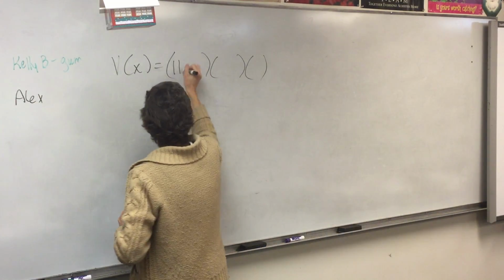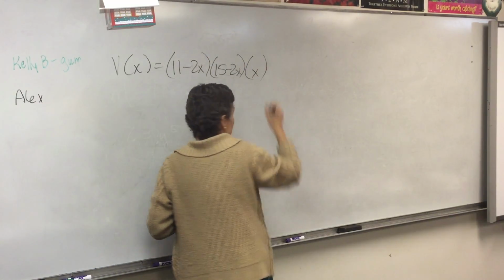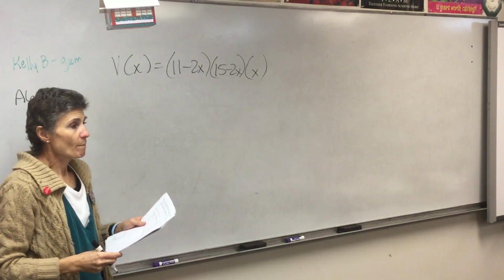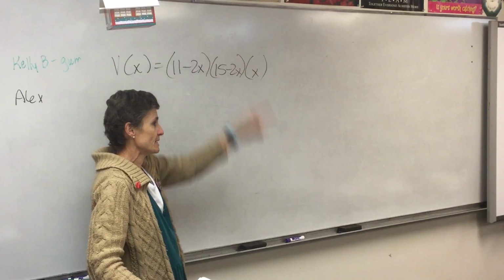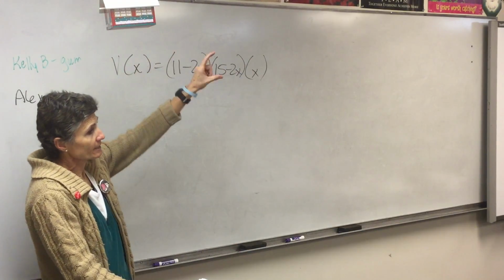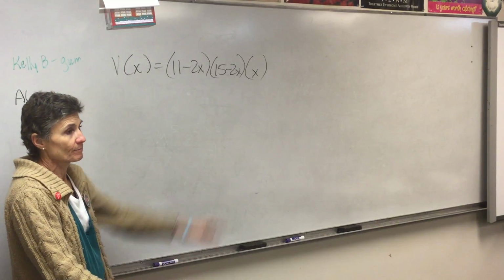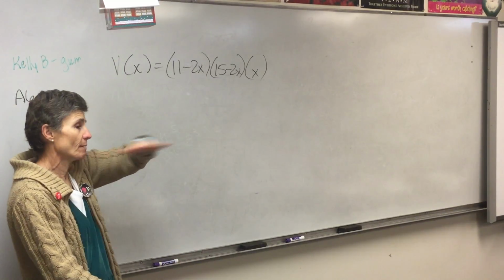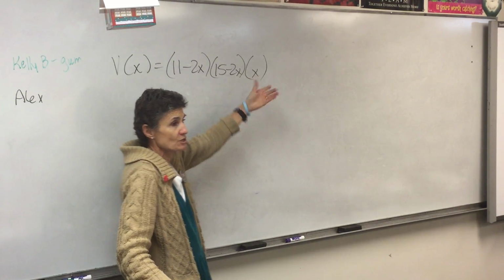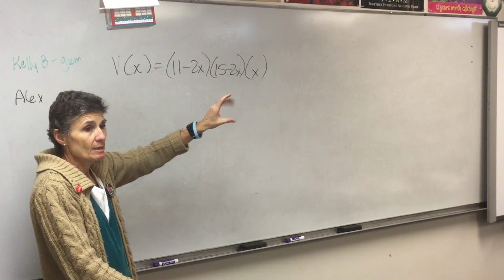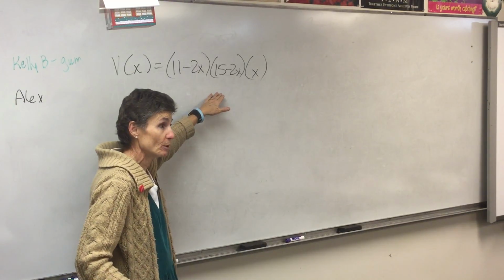It's 11 minus 2x, 15 minus 2x, and x. Remember, look down at the picture. What you're doing is taking 15 inches and cutting x off the top and x off the bottom. 15 minus 2x. Same thing this way, 11 minus 2x. Then you're folding up the flaps so the height is just x. That's your volume. So where it says V of x, that's what you put in.